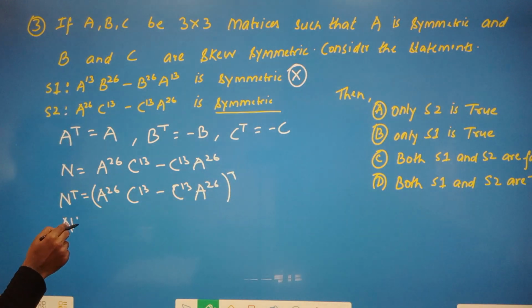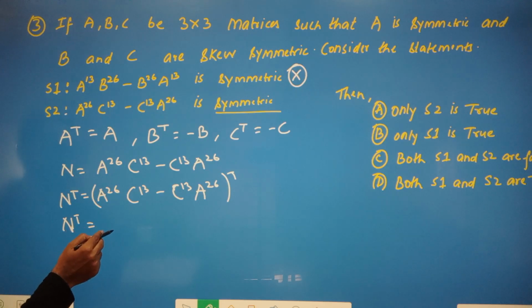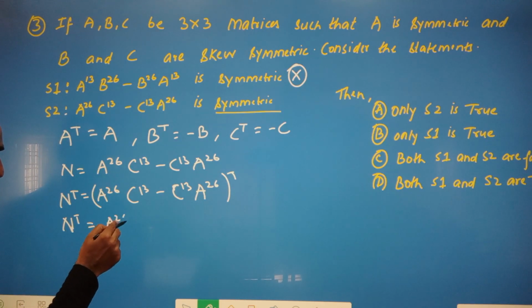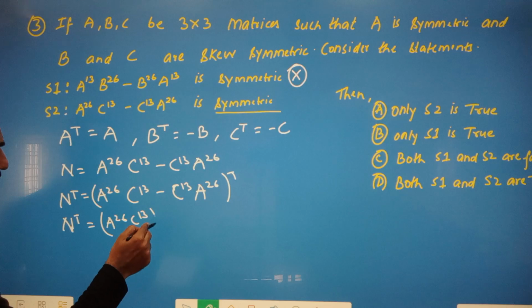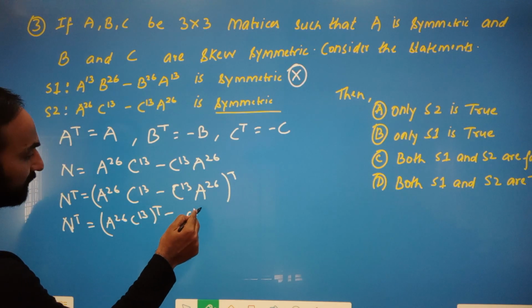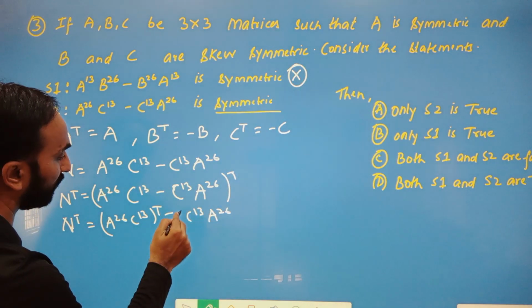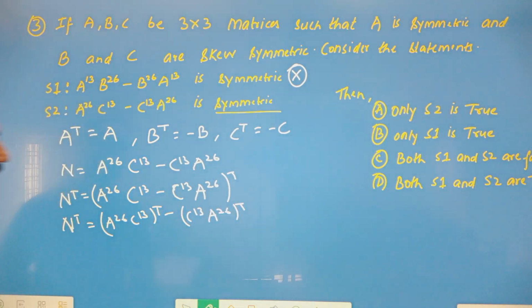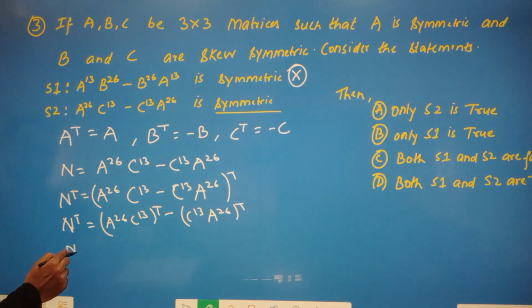Now I can simplify it as N transpose is equal to A26 C13 transpose minus C13 A26 transpose.